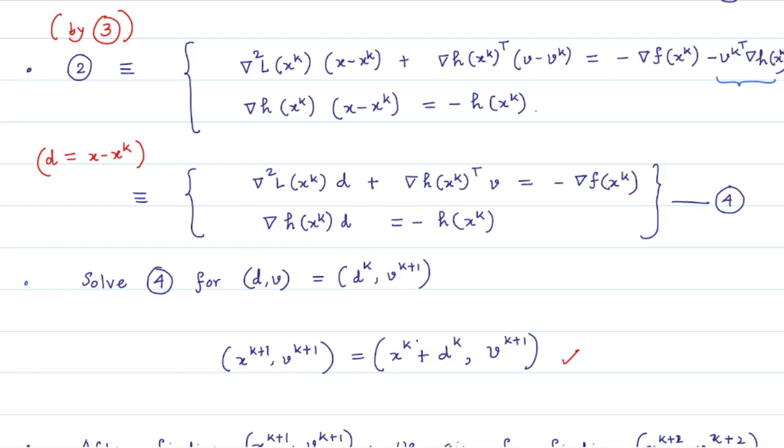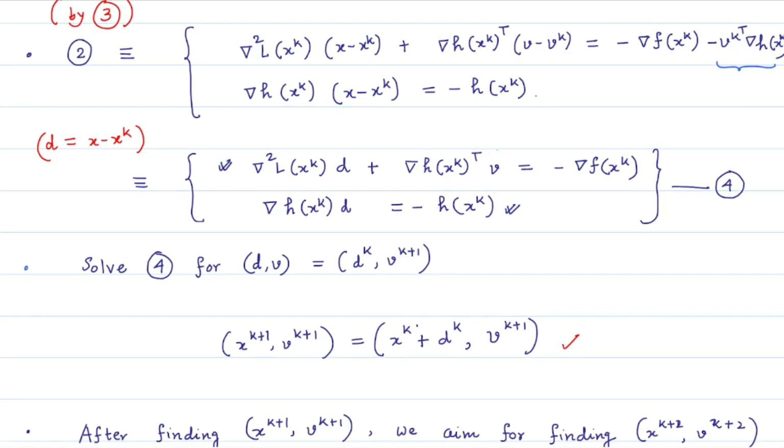Now, towards this reformulation of the system 4 in terms of a minimization problem, we notice that we can just go for keeping the second equation over here as it is. Let us keep this second equation as the constraint of the problem, but consider the objective function in the minimization problem for which the gradient plus Lagrange multiplier times the gradient of the constraint is going to give us this equation.